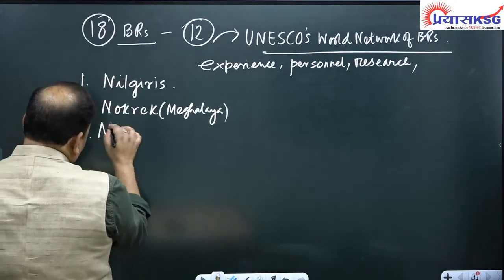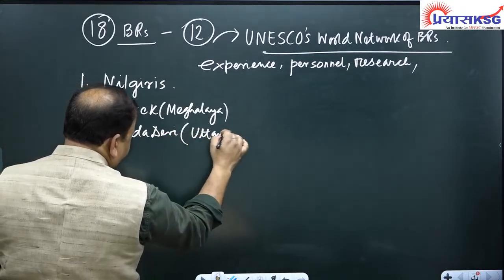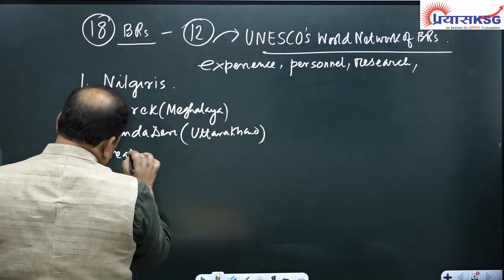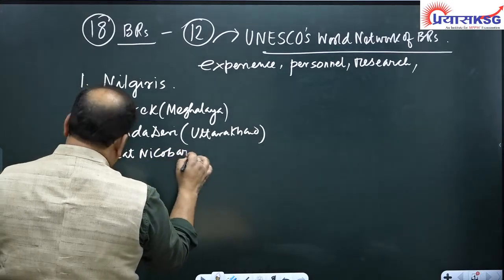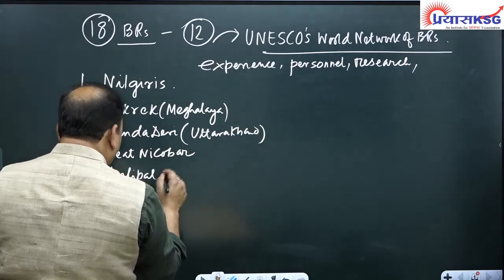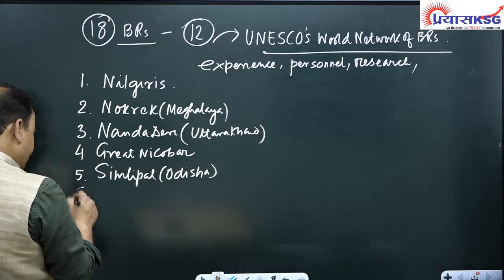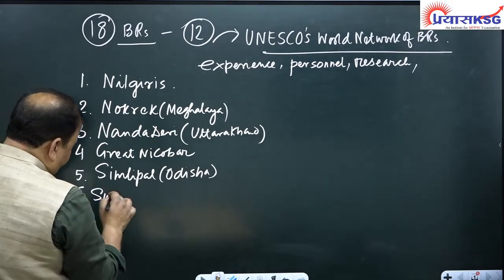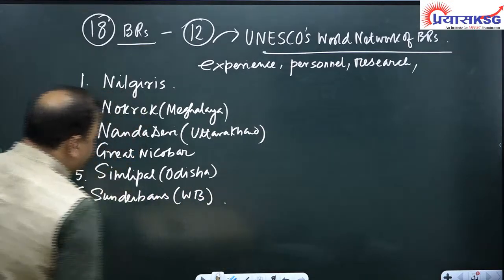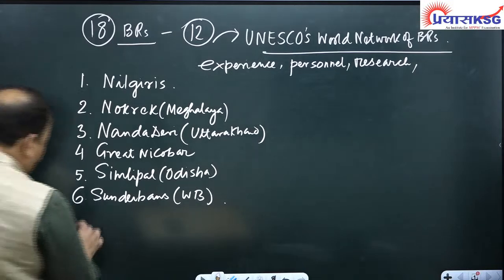Then you have Nanda Devi, which is in Uttarakhand. Then Great Nicobar, in the Andaman and Nicobar Islands. Then Simlipal, in Odisha. Anyone can ask you, there are only 12. Then Sundarbans, which is in West Bengal.